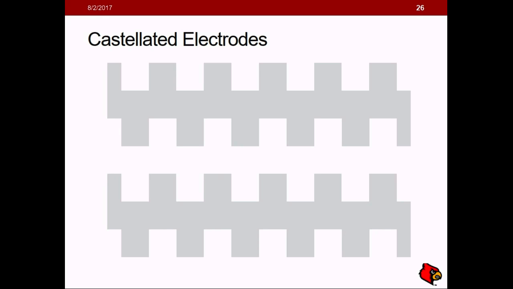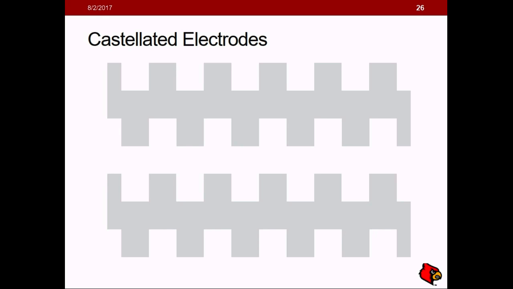Okay, so these are castellated electrodes. These are interdigitated, but instead of straight line features, they have these square wave features that generate high gradients at the corners.